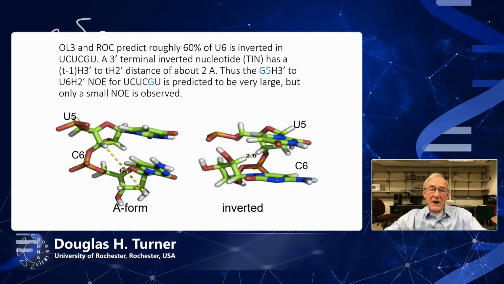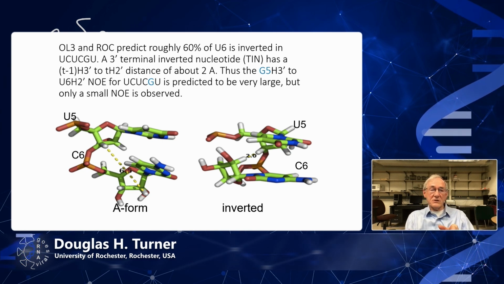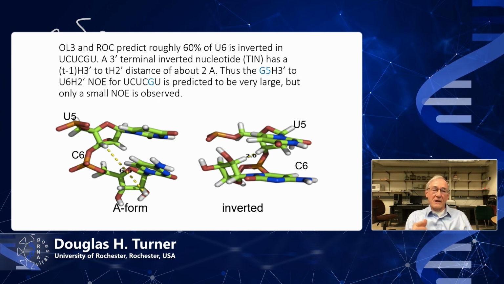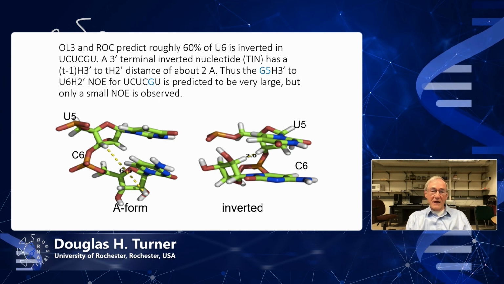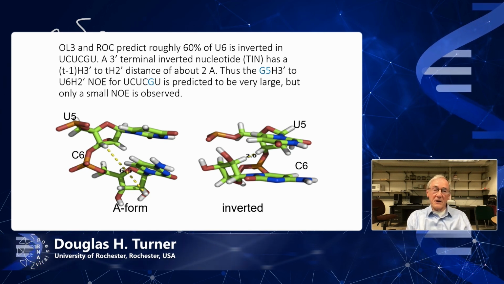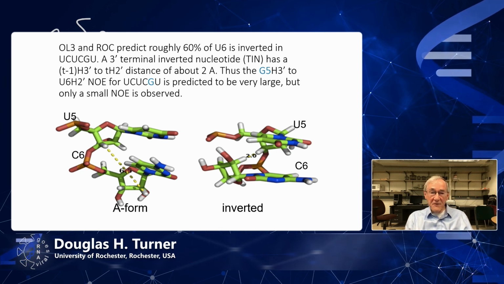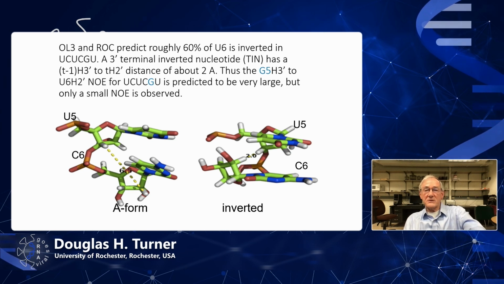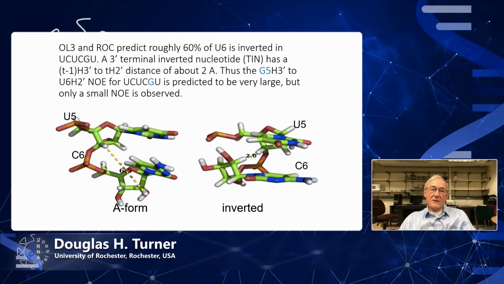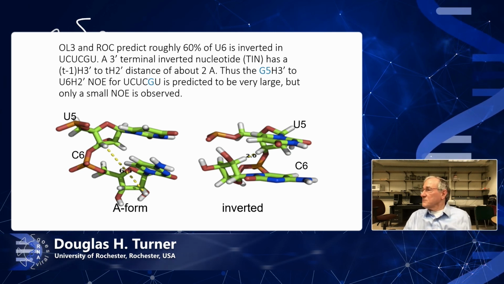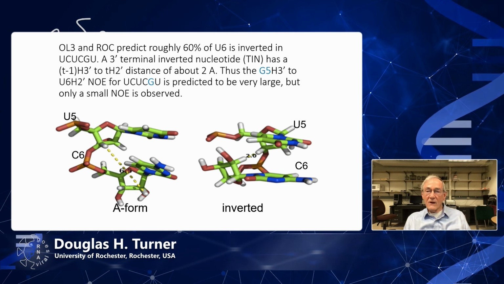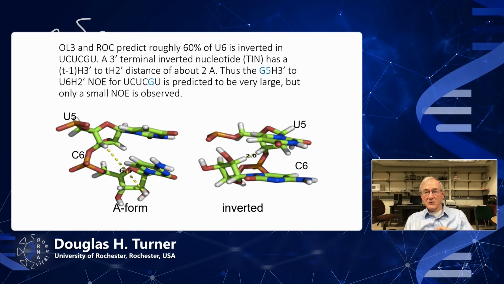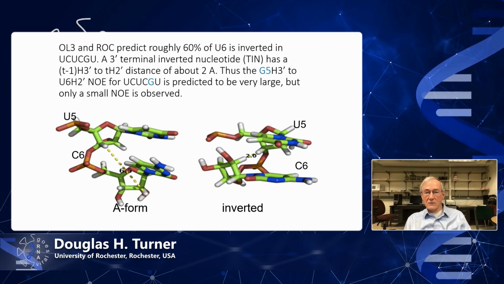So this shows that if you have the 3' terminal nucleotide and the nucleotide before it, in A form, then between these two particular protons that are coupled by this yellow dotted line, they're like 6 angstroms away, something like that. If the terminal nucleotide is inverted, then those same 2 protons are only 2 angstroms away.